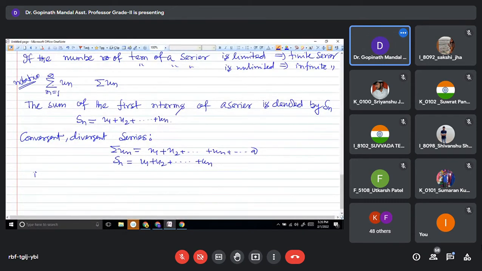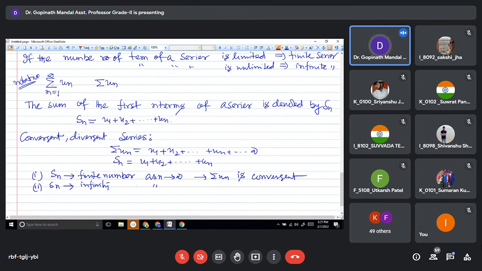Then if Sn tends to a finite number as n tends to infinity, then the series un is said to be convergent. Second, if Sn tends to infinity as n tends to infinity, then the series un is divergent.